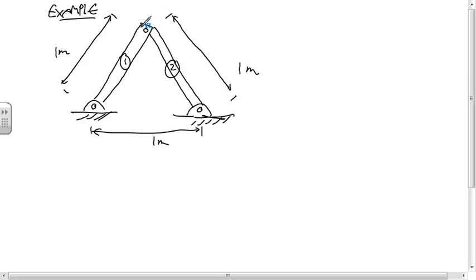Let's say there's an external load of 15,000 newtons.